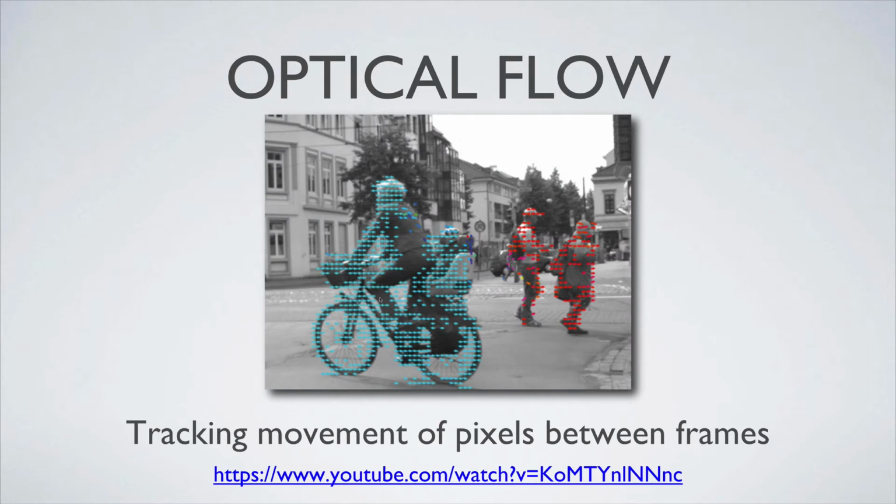Optical flow is another approach to tracking. This is a little bit more low level. You don't require information about what the person is or their skeleton. You can track anything, but you're only really tracking it in very general terms.